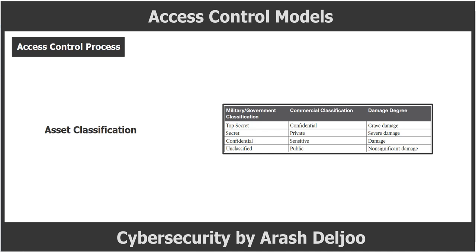And finally, about the damage degree of top secret or confidential, we have grave damage. About the damage degree of secret and private, we have severe damage. About the damage degree of confidential and sensitive, we have damage again. And after that, about the damage degree of the unclassified or public, we have non-significant damage.